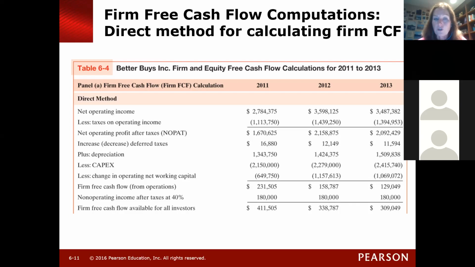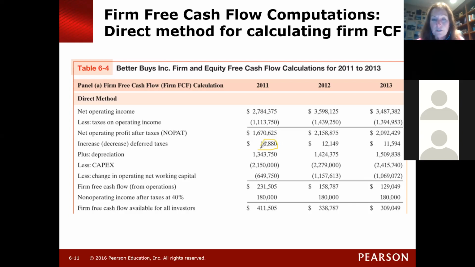That'll get your NOPAT number. Then look at your deferred taxes account. We did not look at this previously, but you have to, because the deferred taxes have to be taken into consideration over time. So you're looking at the change from, in this case, let me draw this, 16,880.